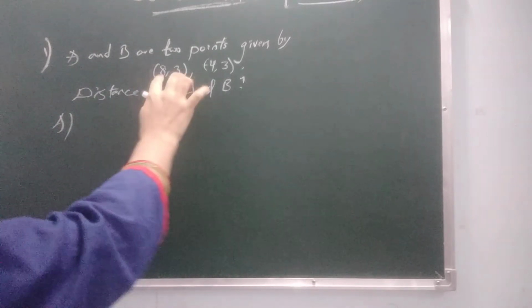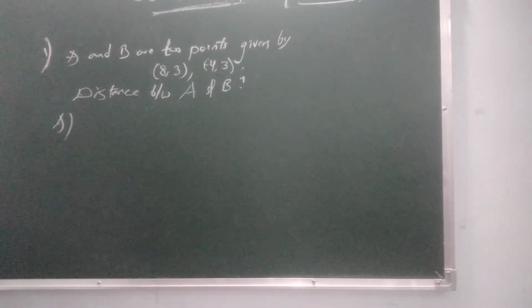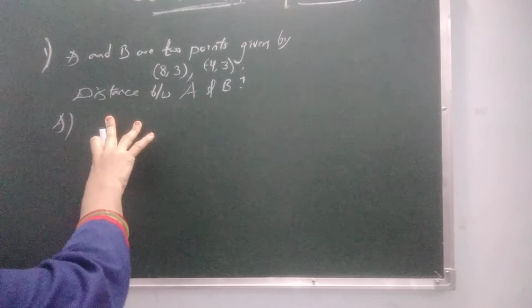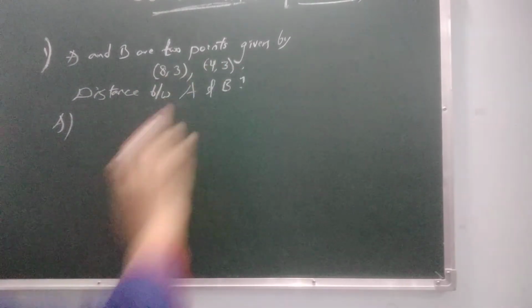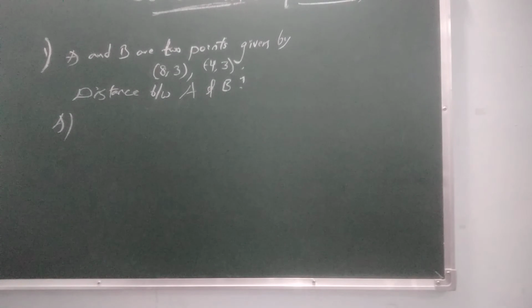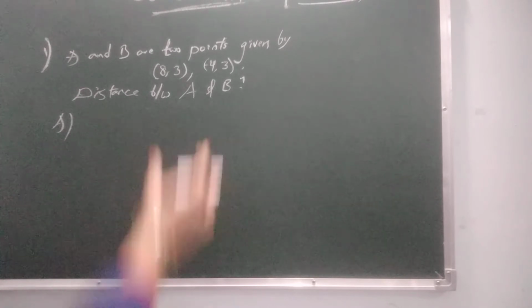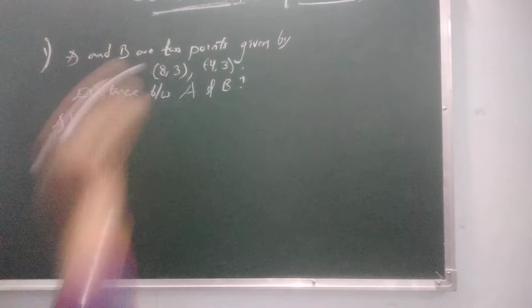Here, A and B are 2 points given by 8, 3 and minus 4, 3. We have to find the distance between A and B. Here x1 and x2 are different, and the y coordinates are equal.